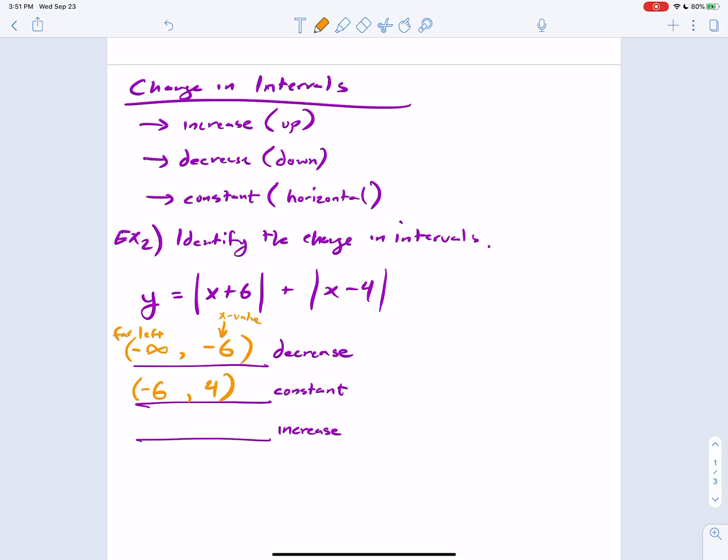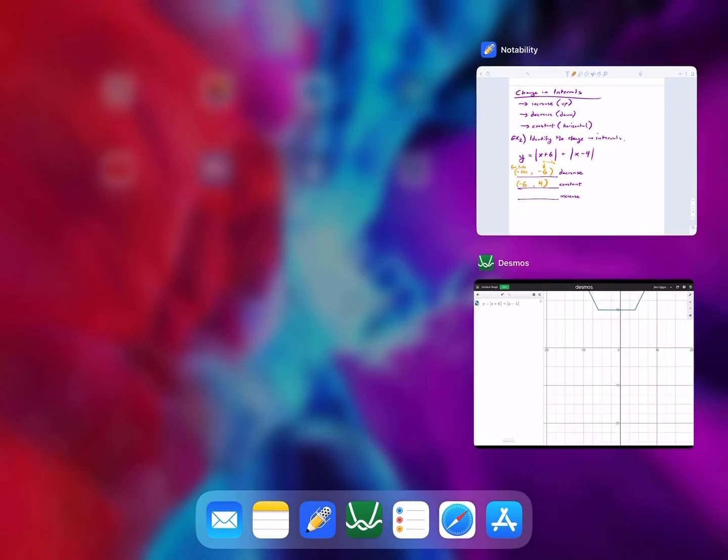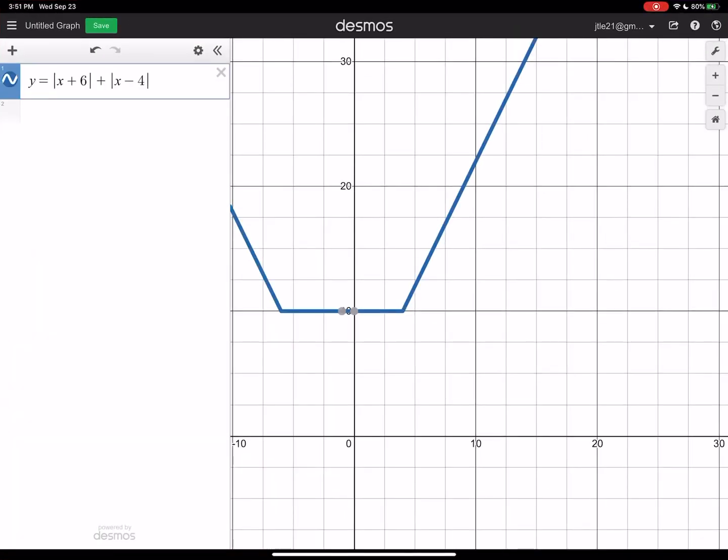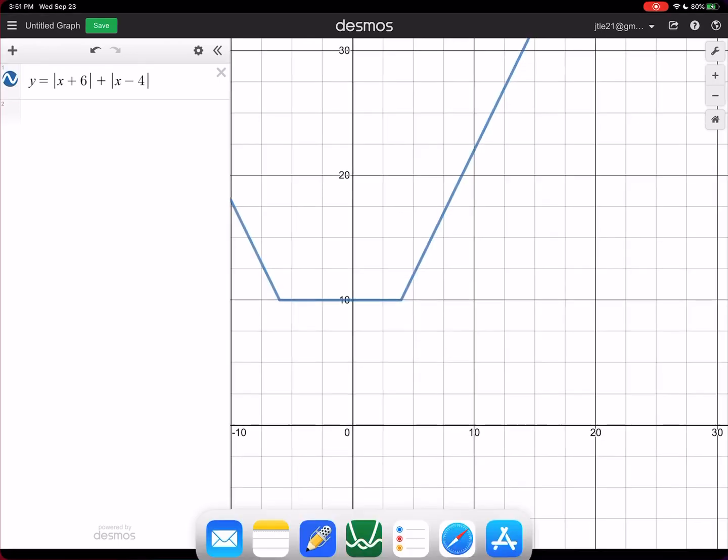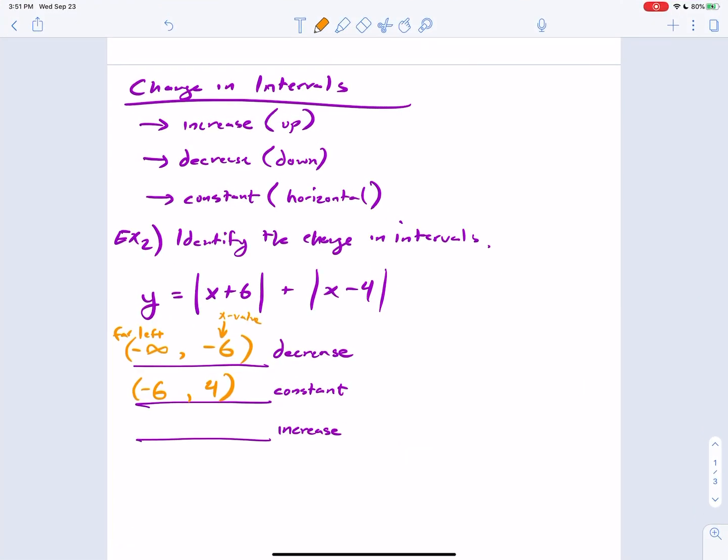As far as open or closed goes, when you're describing a change in intervals, the intervals will always be open, meaning you will always use parentheses there. So lastly, right after 4, you notice that the graph is going to continue increasing all the way through forever, meaning that you're going to go from 4 all the way to infinity.